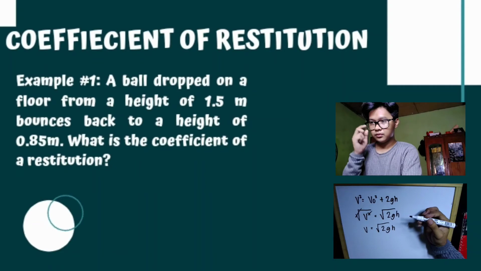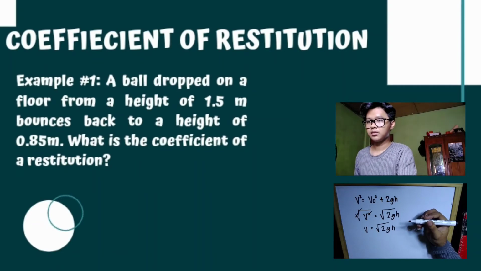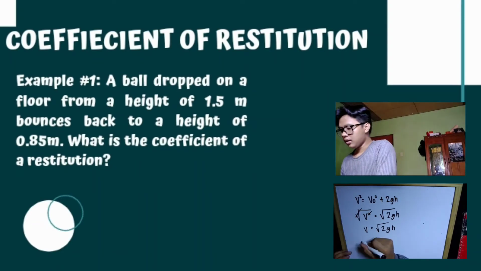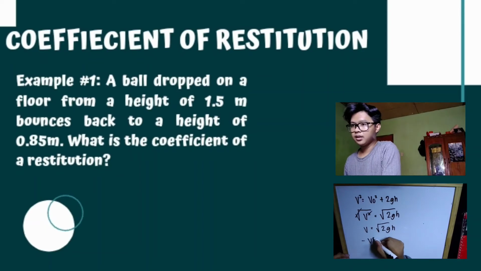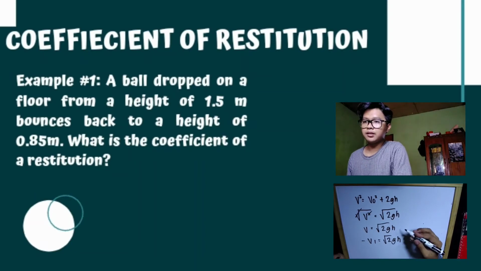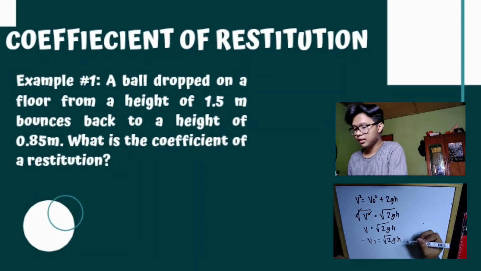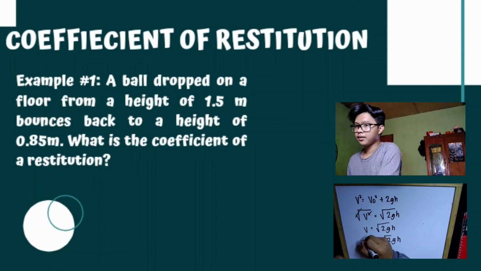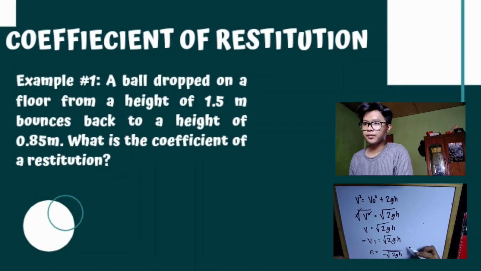So, yung negative v1 equals square root of 2gh. Pinag-uusapan natin pababa siya, so this is negative. So, v1 equals negative square root of 2gh.